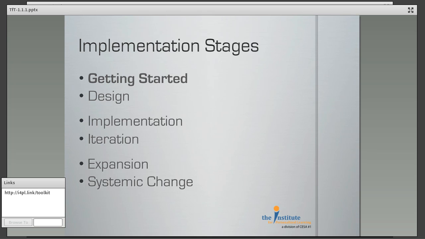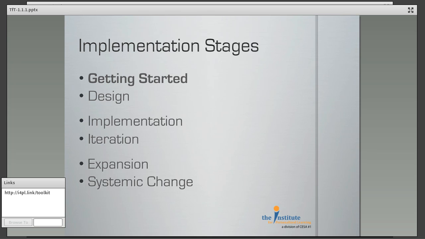The toolkit is designed around the 6 stages of implementation. The stages begin with getting started, then design, moving into implementation, iteration, and then growing into expansion and systemic change. The first couple stages, getting started and design, are really around changing assumptions, beliefs, and thinking within an individual or system that begin to set up an experience for the learner.